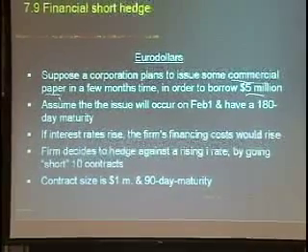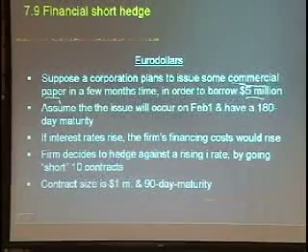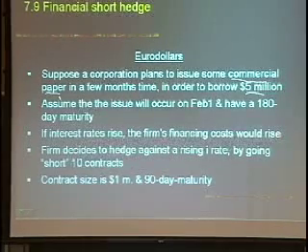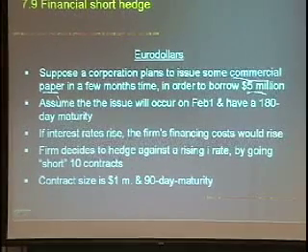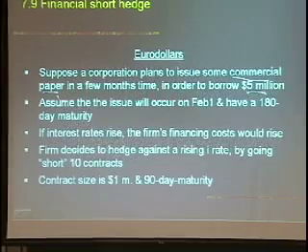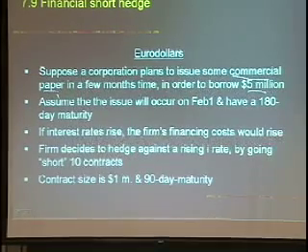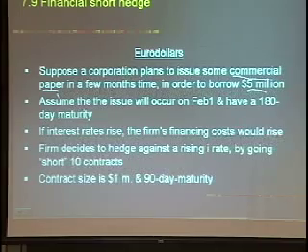Okay? Just like the government issues treasury bills or treasury bonds, it's possible for commercial firms to, quote, issue paper, which is basically a fancy way of saying they're borrowing money and issuing a promissory note.